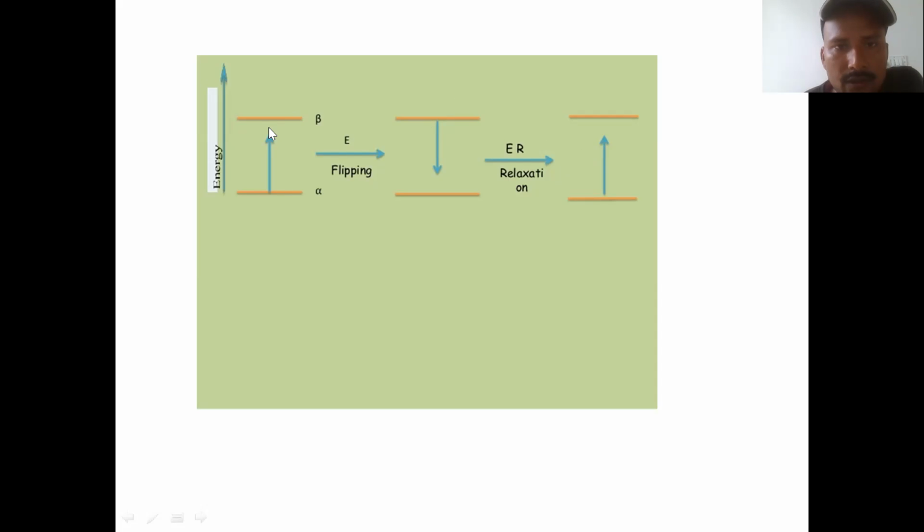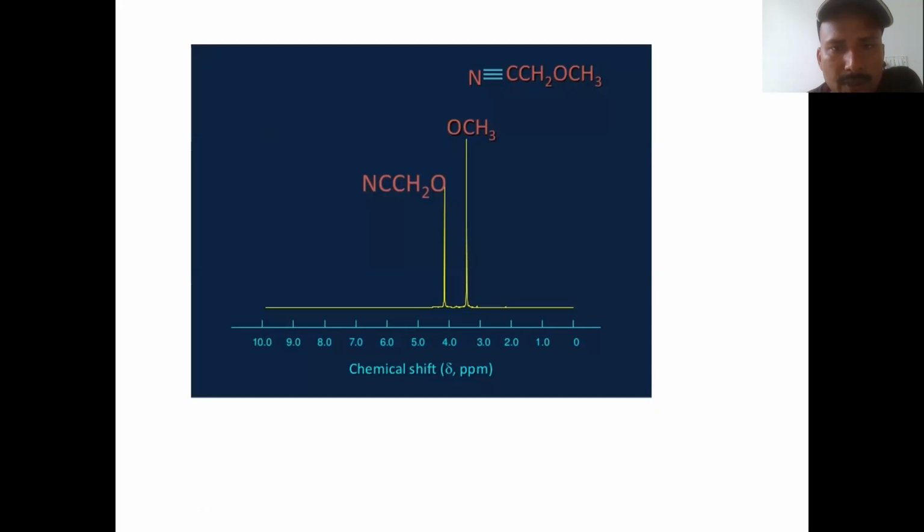In this spectrum, I have shown a nitrile derivative in which an OCH3, CH2, CN moiety is present. Since it is OCH3, the characteristic chemical shift is obtained for the methoxy group at 3.8 ppm, which is represented by delta, and its unit is ppm.